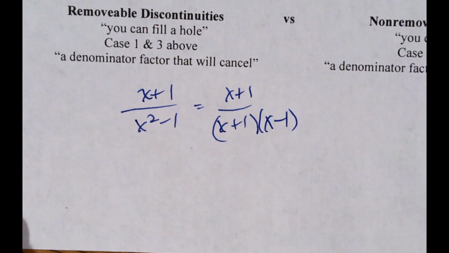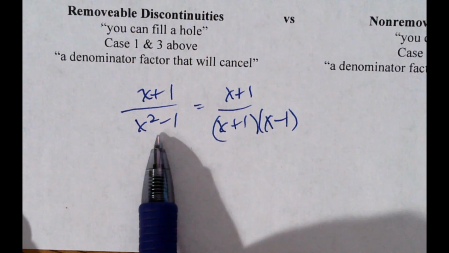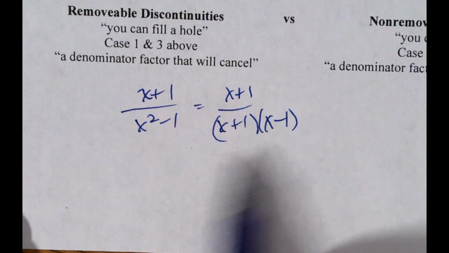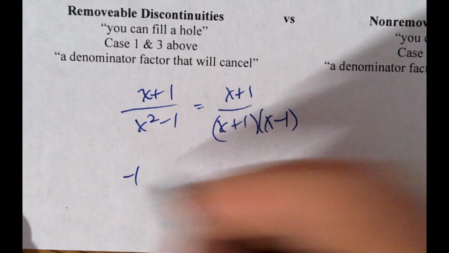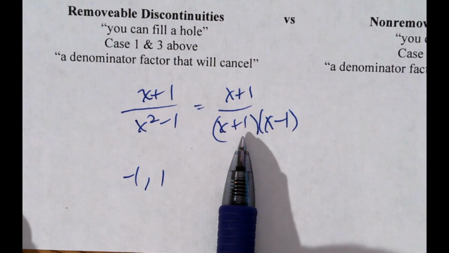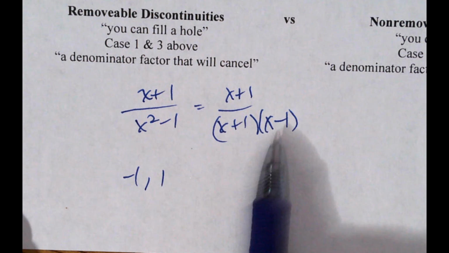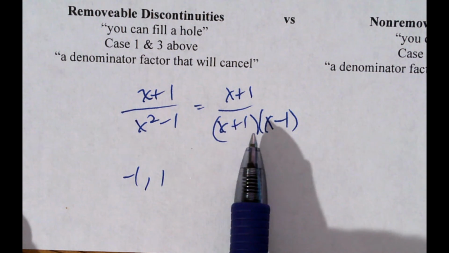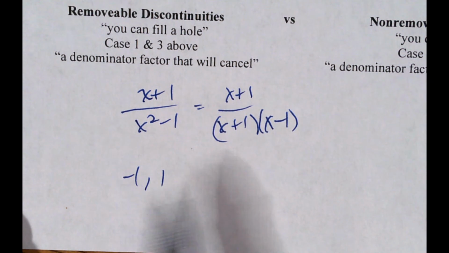If a function has a 0 in the denominator, so in this example, if x equals negative 1 or x equals positive 1, it makes the denominator equal to 0. Therefore, it has a point of discontinuity. It's discontinuous at x equals negative 1 and x equals positive 1.